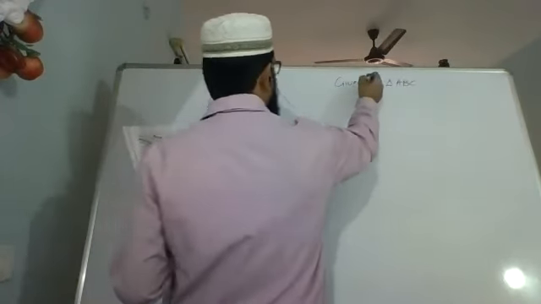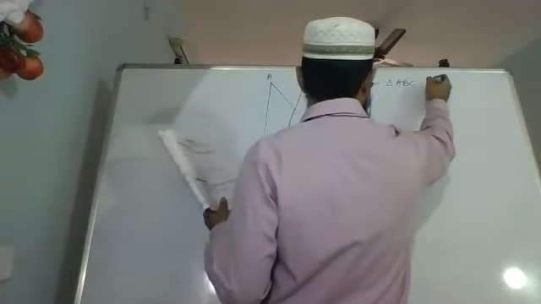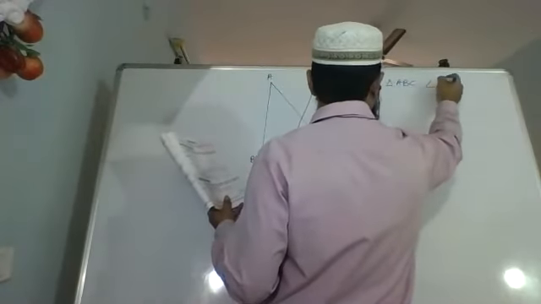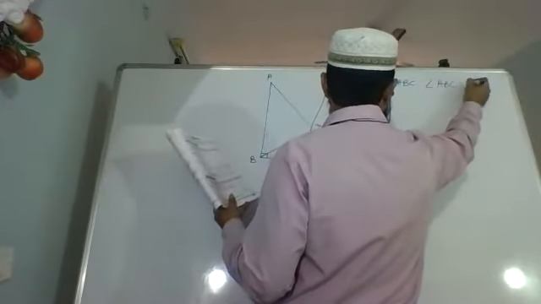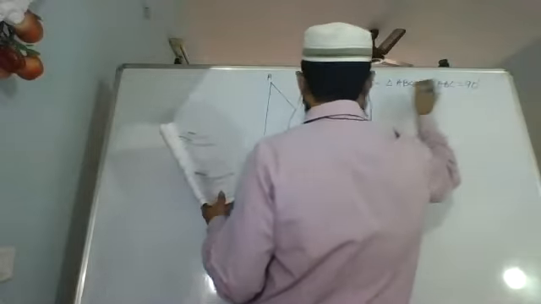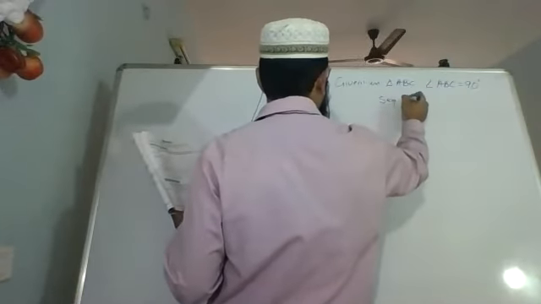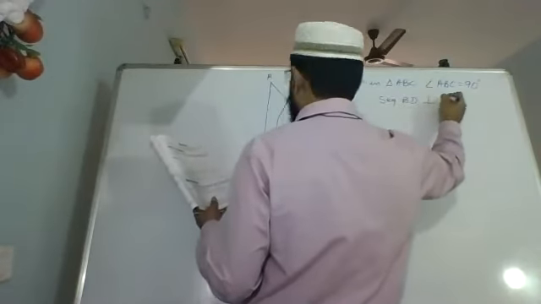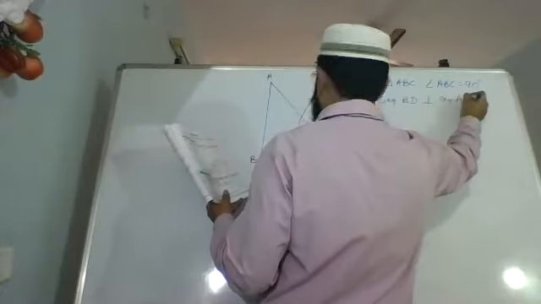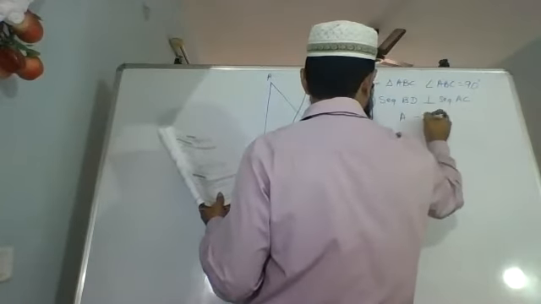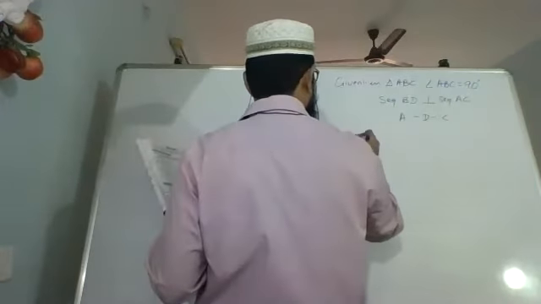Given, write down that also since we have time. Given: in triangle ABC, angle ABC equals 90 degrees, segment BD is perpendicular to segment AC. What do we have to prove?